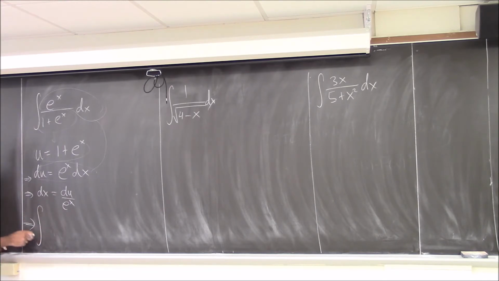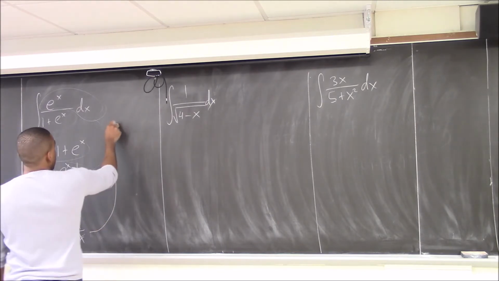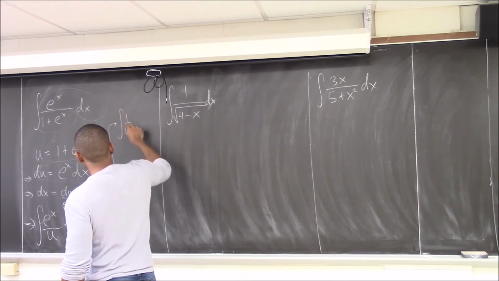So I go back to my original integral. E to the x is just hanging out. The denominator I replace with u. The dx I replace with du over e to the x. The e to the x's, of course, cancel. And so I'm left with integral of 1 over u du.